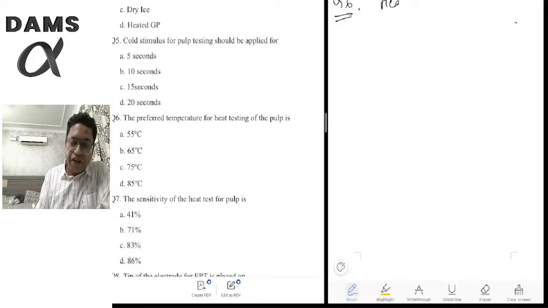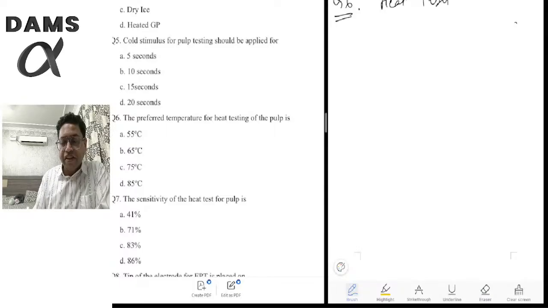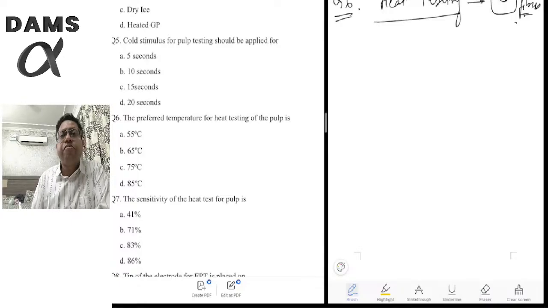For this, you should know the principle of testing. Heat testing is a pulp sensibility test, isn't it? This heat testing stimulates the C fibers, which are present in the core of the pulp.